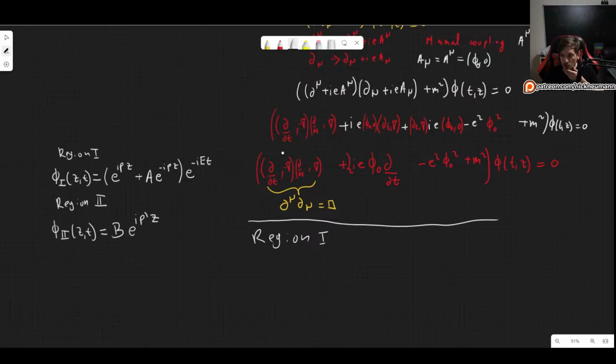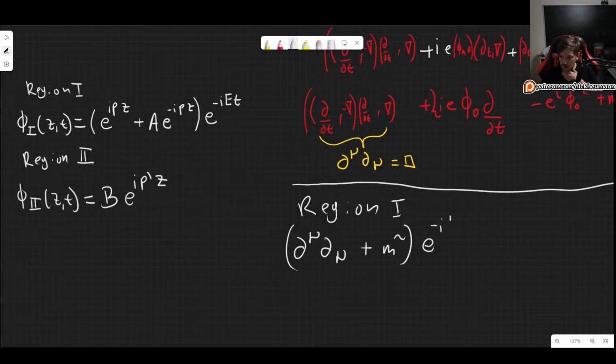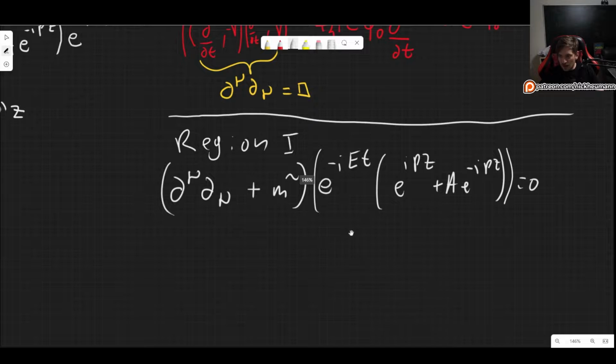Okay, so what we need to do there, I'm going to do this step by step to make this very clear. We'll have the operator, d mu d mu plus m squared, acting on our wave function. What is the wave function? It is e to the minus i E t, and then e to the i p z plus a e to the minus i p z, and this has to be equal to 0. So let's now apply this.